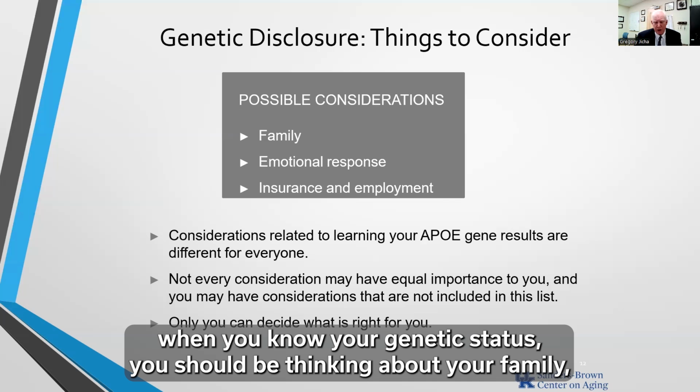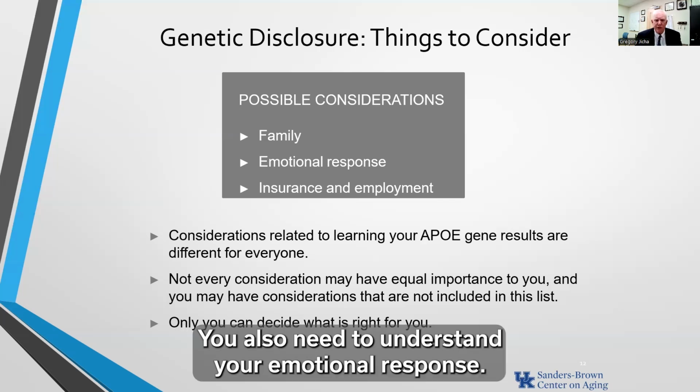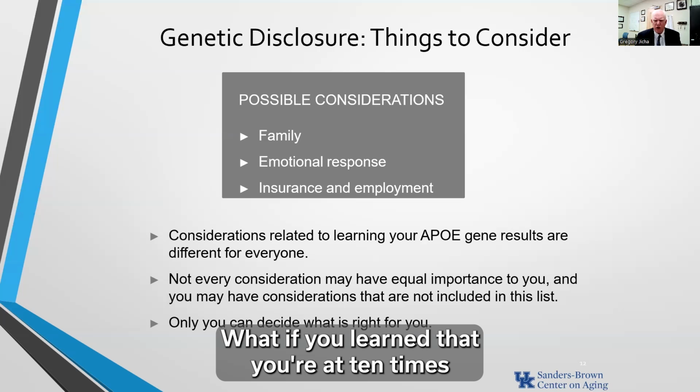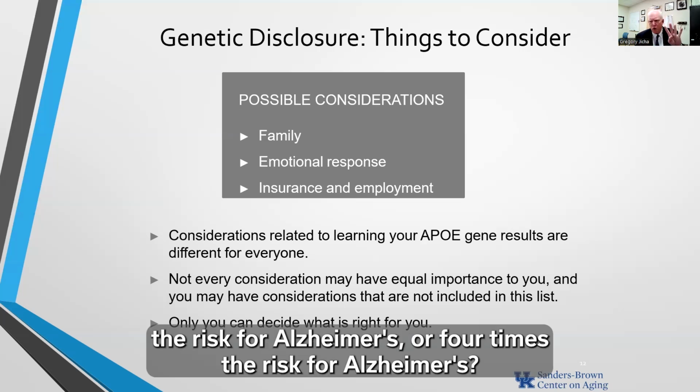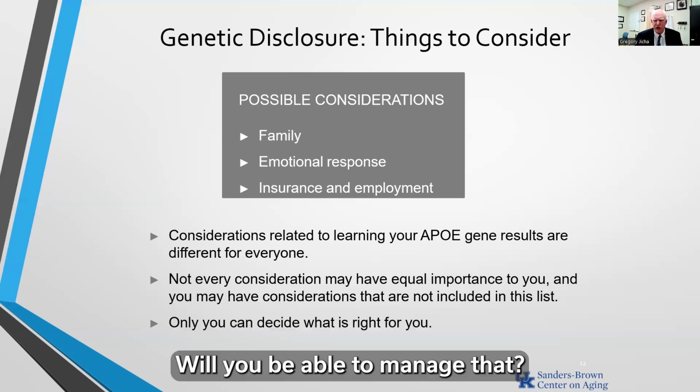You should be thinking about your family because your genetics may be related to their genetics. You also need to understand your emotional response. What if you learn that you're at 10 times the risk for Alzheimer's or 4 times the risk for Alzheimer's? Will you be able to manage that?